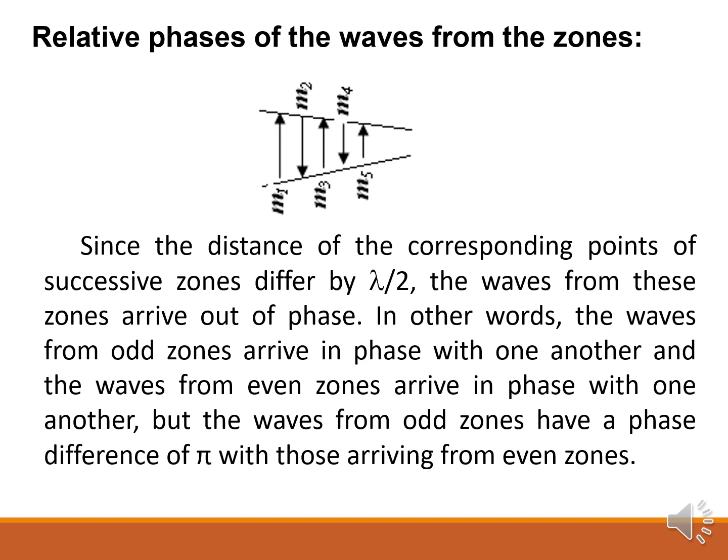The waves from these zones arrive out of phase. In other words, the waves from odd zones, that means M1, M3, M5, arrive in phase with one another, and the waves from even zones arrive at another phase but are in phase within themselves. The waves from odd zones have a phase difference of pi with the even zones.